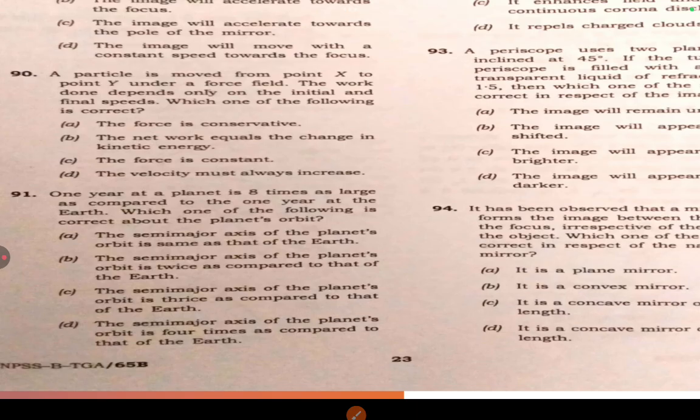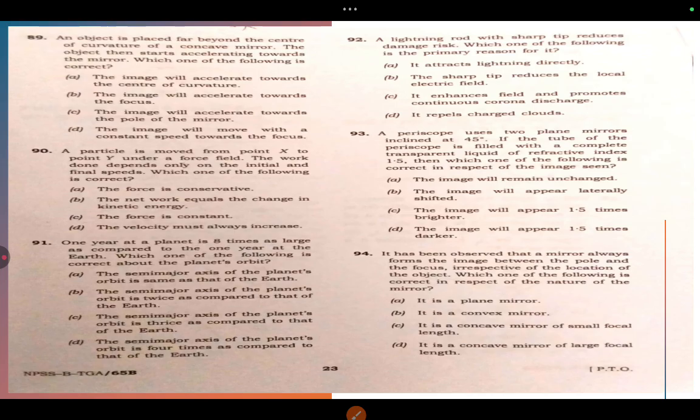B, the semi-major axis of the planet's orbit is twice that of the Earth. C, the semi-major axis of the planet's orbit is thrice that of the Earth. D, the semi-major axis of the planet's orbit is 4 times that of the Earth.